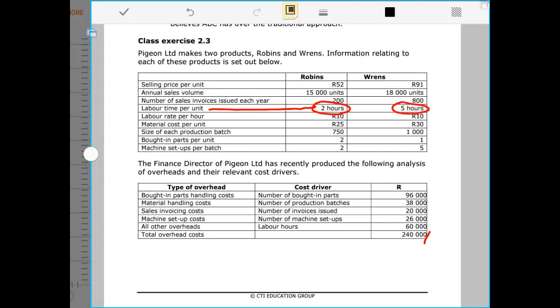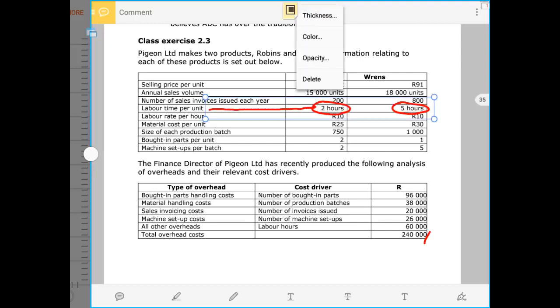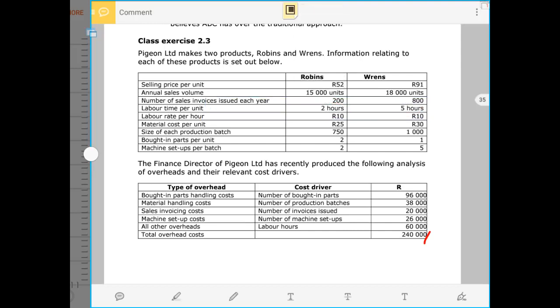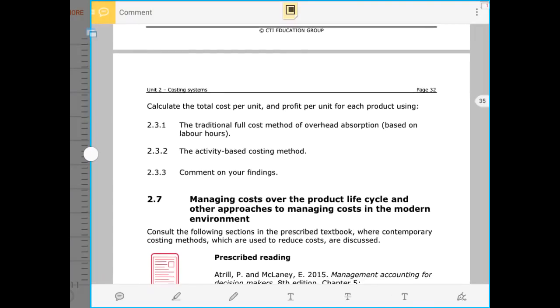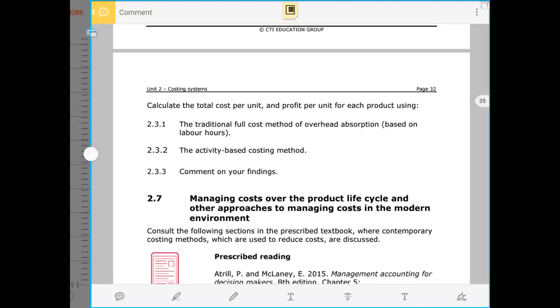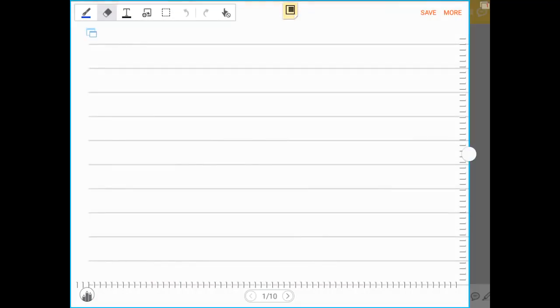So when we allocate using the traditional method, we'll only take into account the labor hours to allocate our overheads. So now let me go straight to the answer for this question.